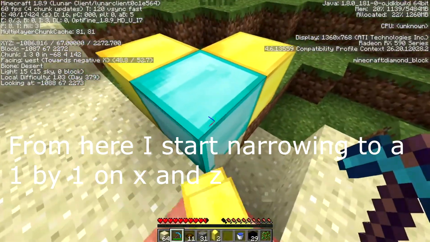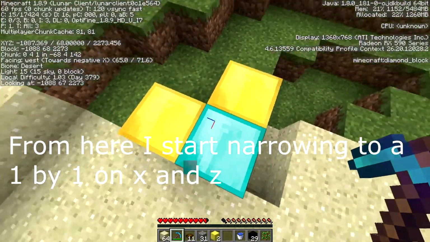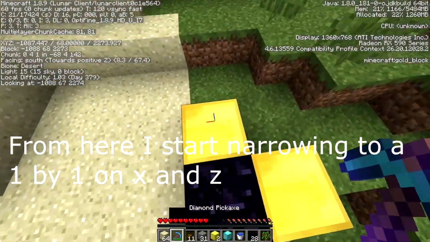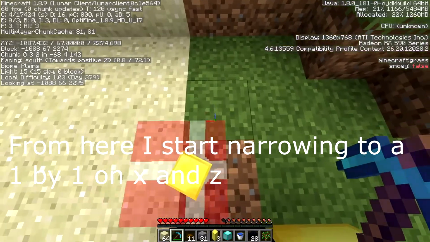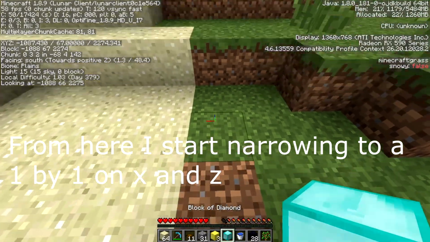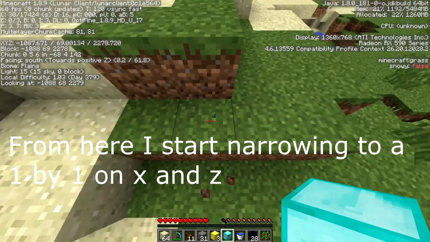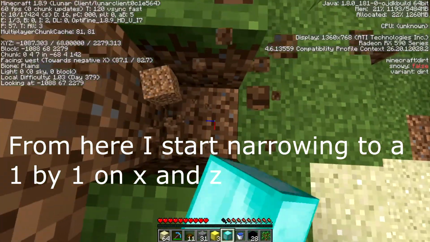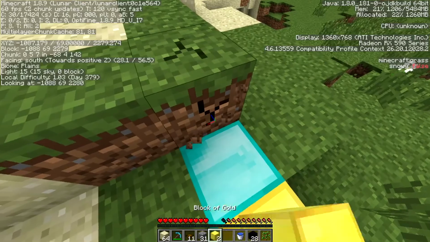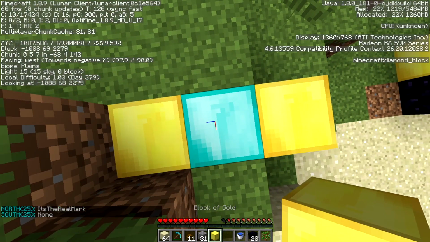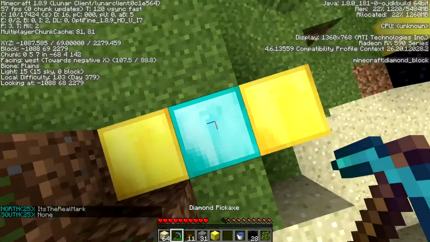So what I can do with that intel is start narrowing him to 25. I'm going to put a marker block there, and I'm going to narrow his Z first, south to a 1x1. You can also do this with obsidian and stone blocks, just like using the temp tracker, but I'll do it like this.